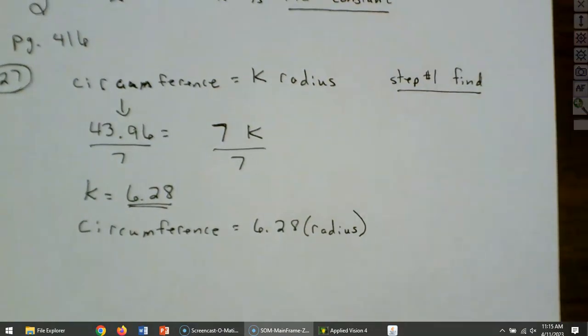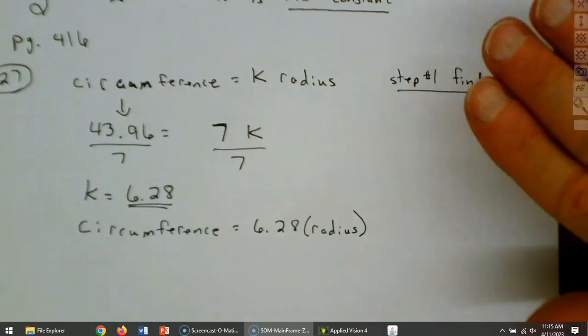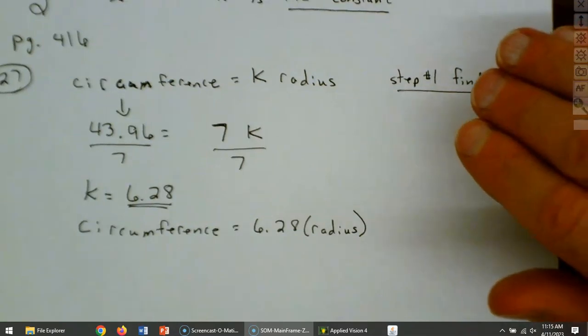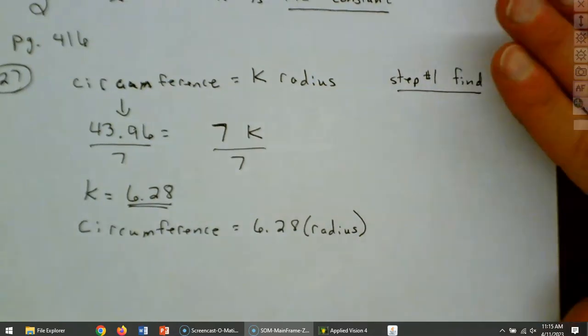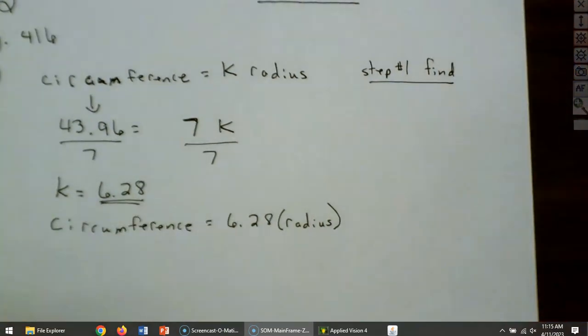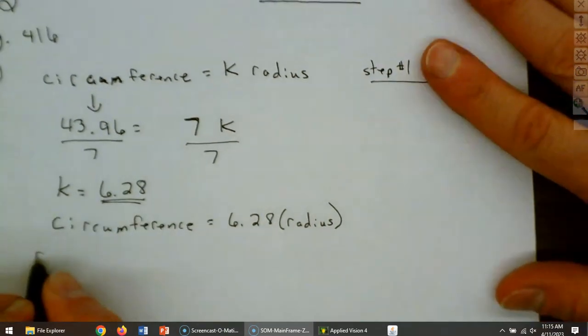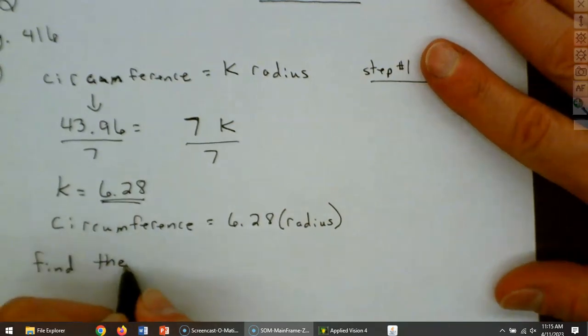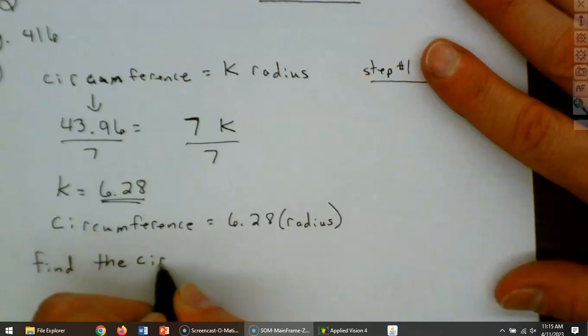And I'm going to show you what it is. What do we want? Well, we want to find the circumference of a circle when the radius changes to 11. So we want to find this circumference when the radius is 11. So that's what we're going to try to find here.